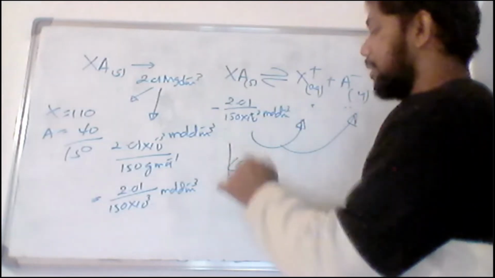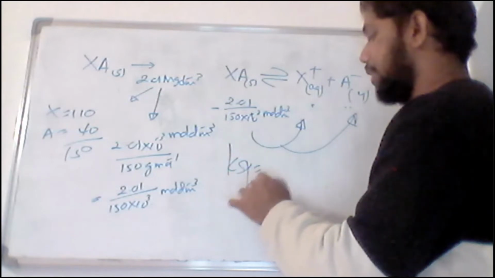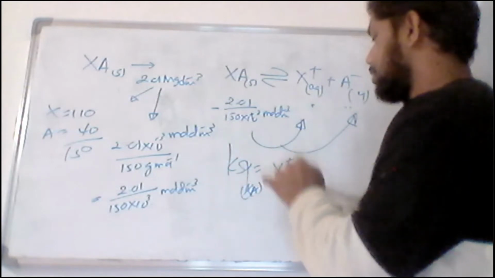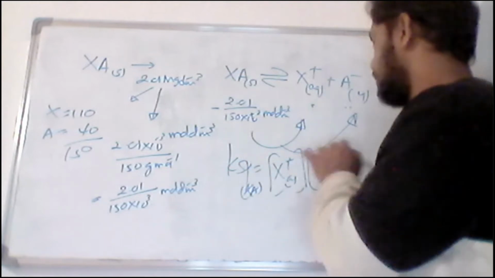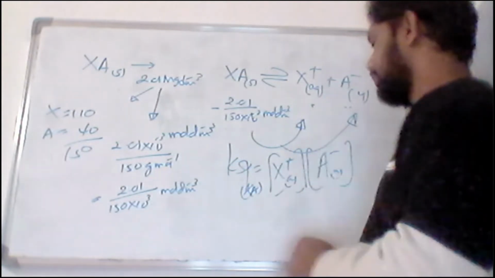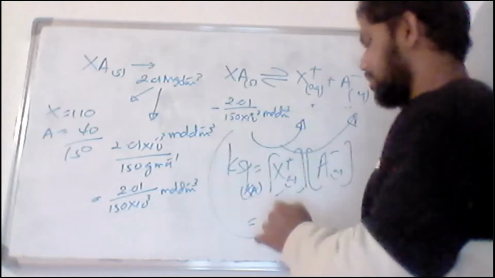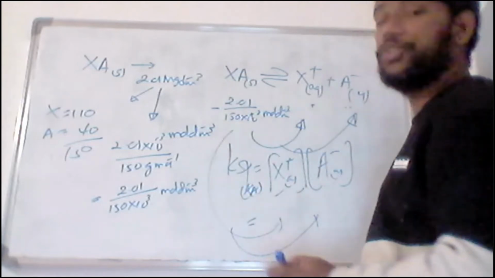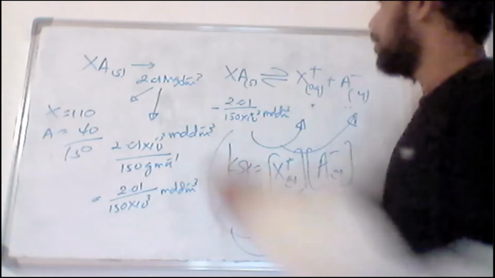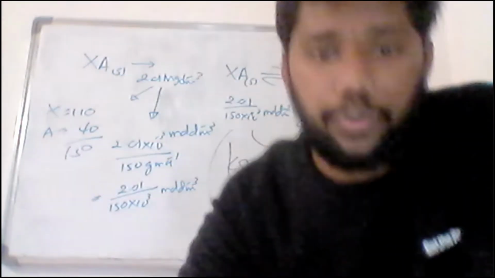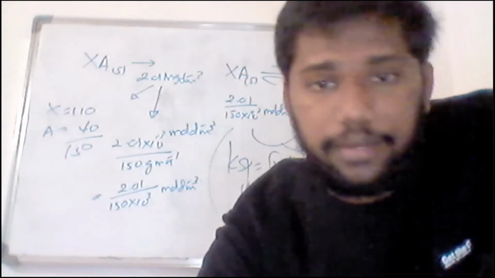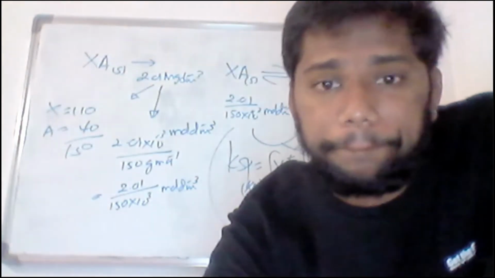And you can apply the KSP equation for XA: the X plus aqueous concentration times the A minus aqueous concentration. When you plug these two values in, because those two should be the same, it is plus, not minus.